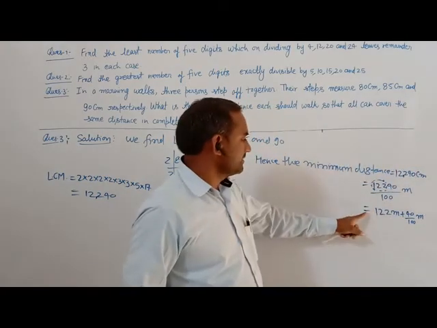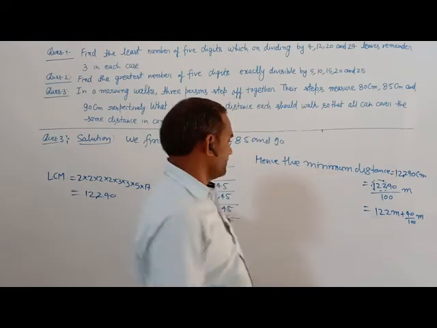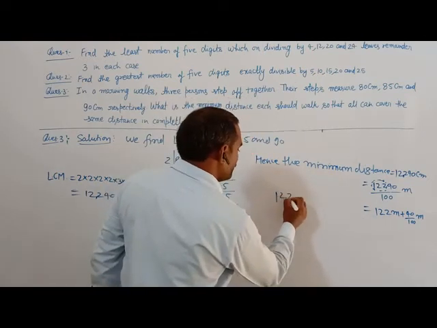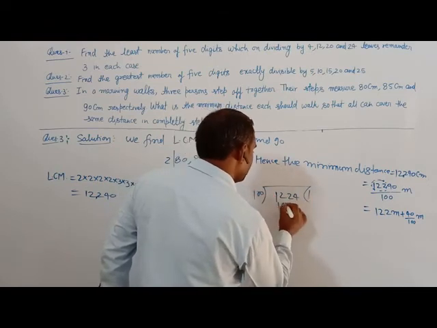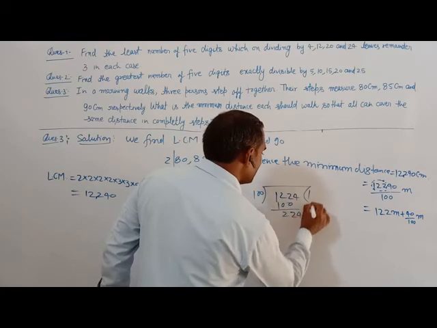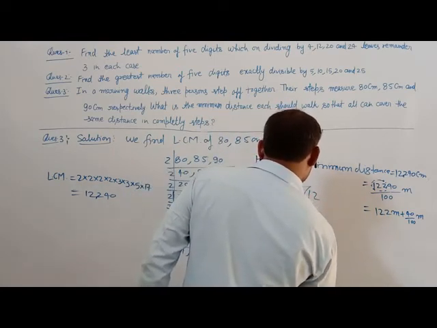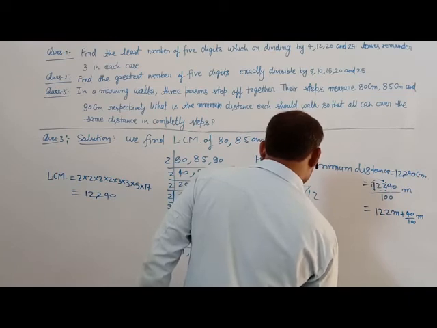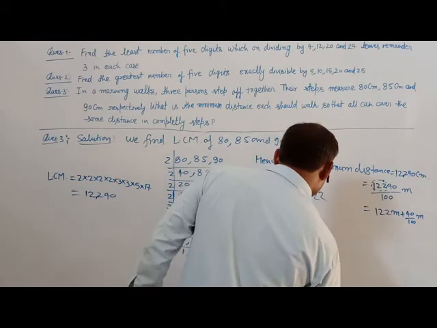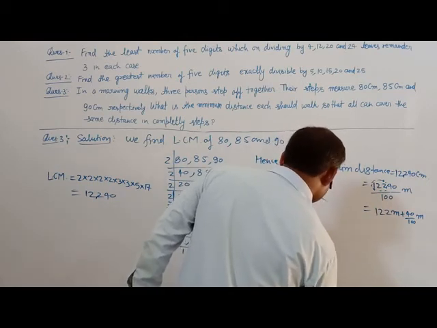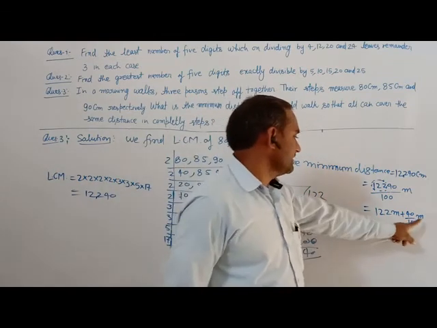Dividing 12,240 by 100, the quotient is 122 and 40 is the remainder. So this is the complete meter and this is the remainder.